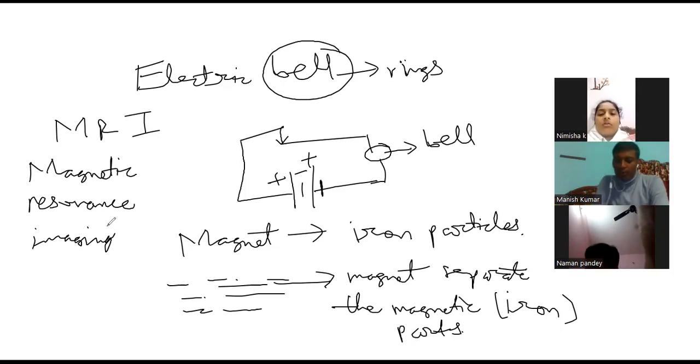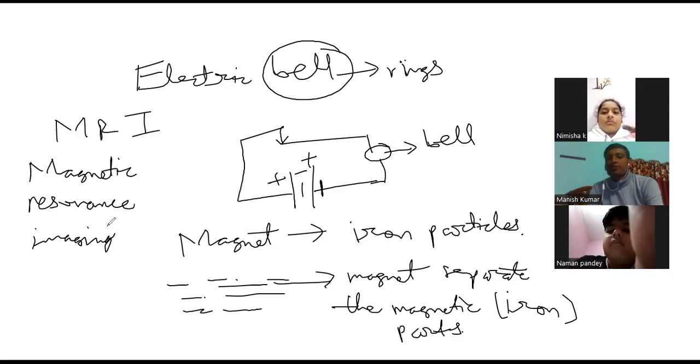Sir, for what is MRI done? MRI gives more resolution, more accuracy, and a much more detailed report than X-ray and CT scan. If there is a problem in any part of your body and X-ray and CT scan cannot give a clear report, then MRI is done.